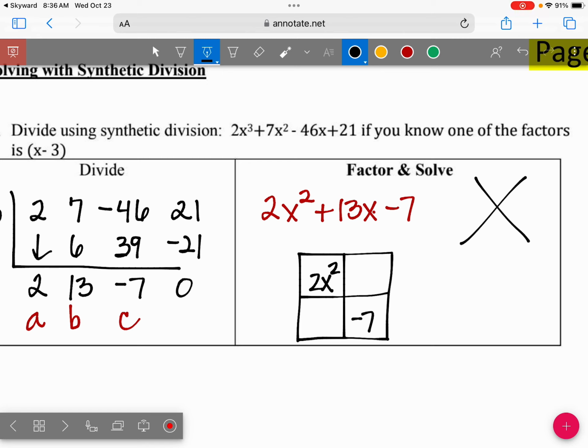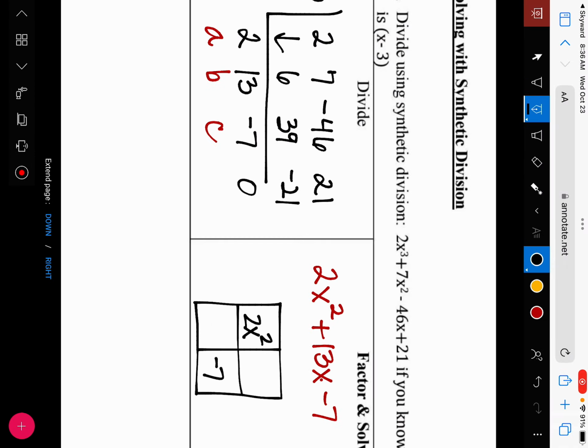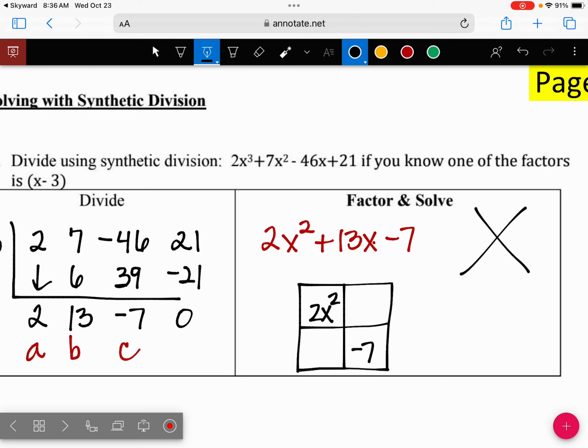Who had 2, 13, and negative 7? So at the top of the X, we're going to put A times C, which is negative 14, and B is 13. So we need two numbers that multiply to give you negative 14 and add to 13. So to get 14, it could be 1 times 14 or 2 times 7. That's the only thing that multiplies to give you 14.